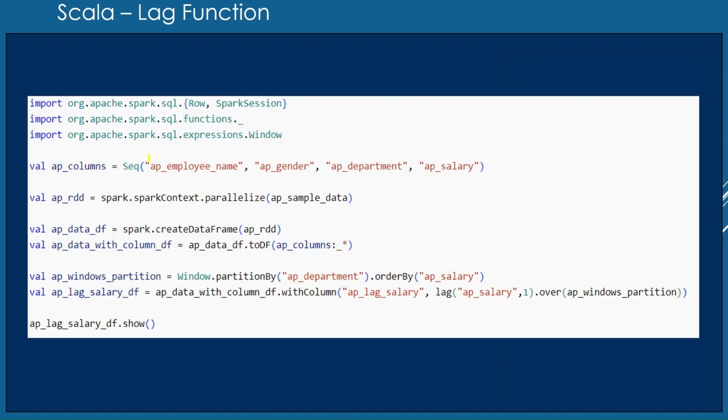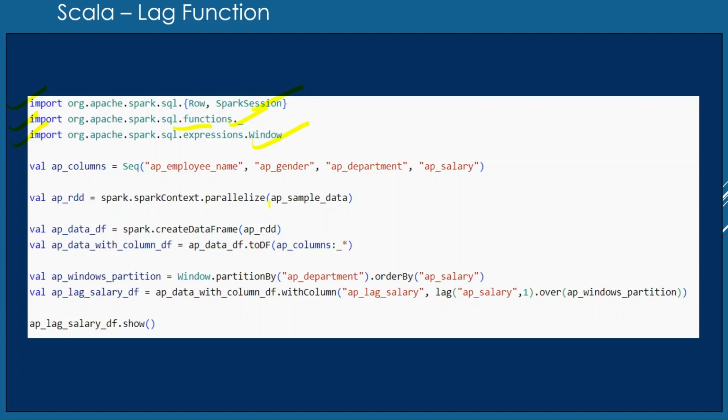You can see here these three import statements which I have written. I'm importing the SparkSession, all the functions present in this package, and Window so that I can use it in this exercise.